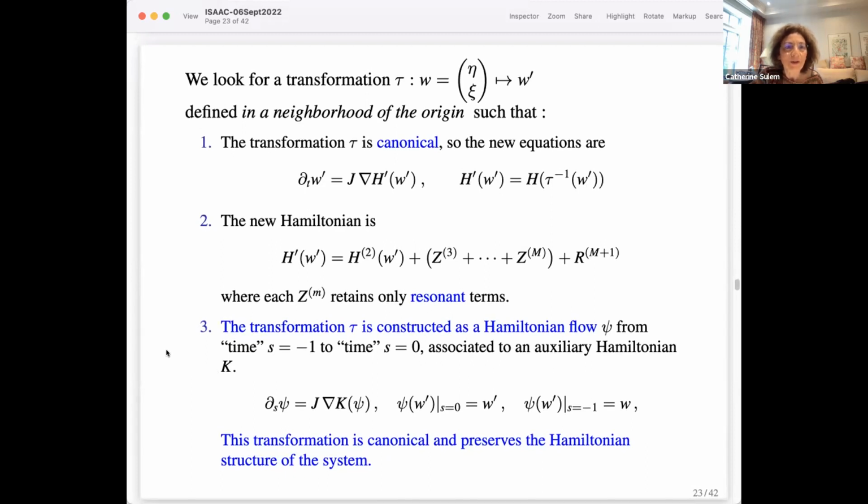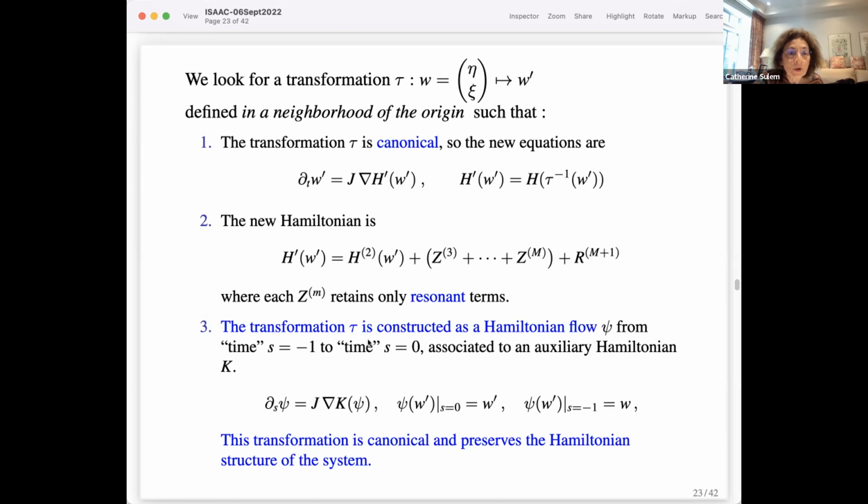The transformation that we will perform, the third order normal form, will be defined as the transformation tau, chosen so that the new equation will remain Hamiltonian, and we will have the elimination of the resonant term at order 3.